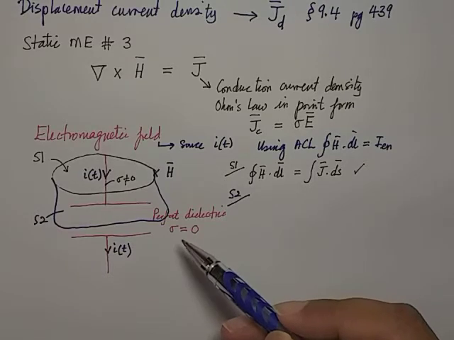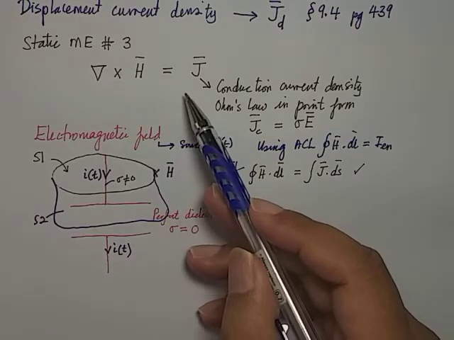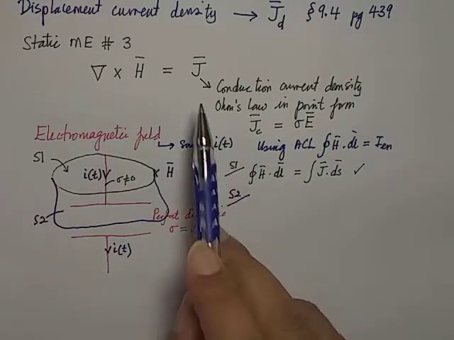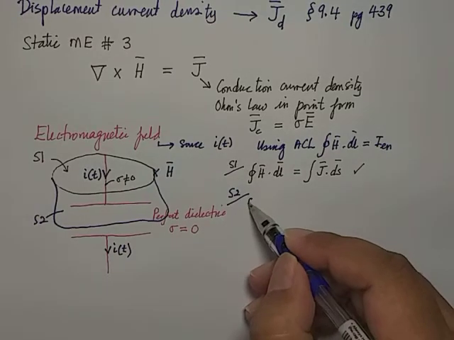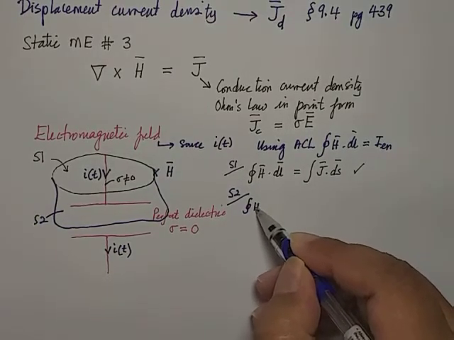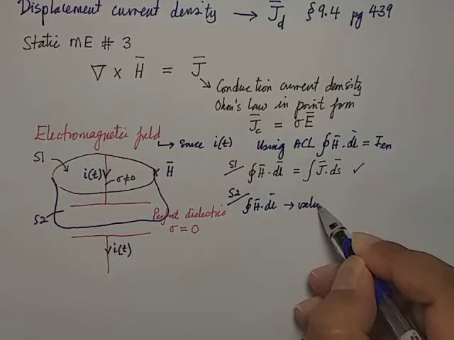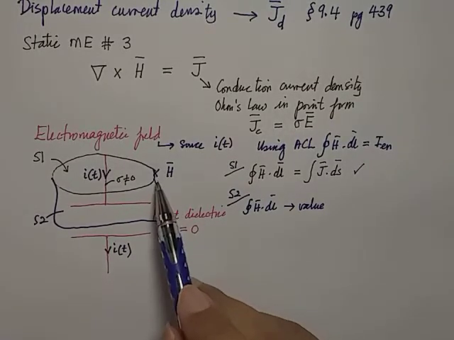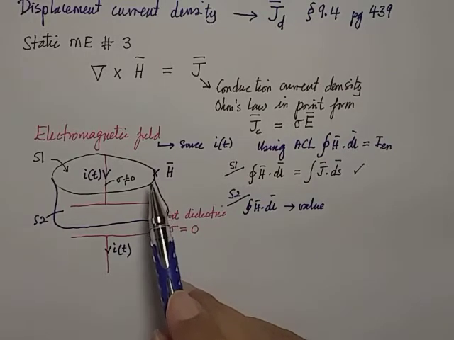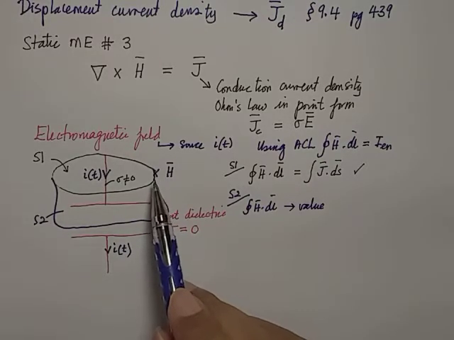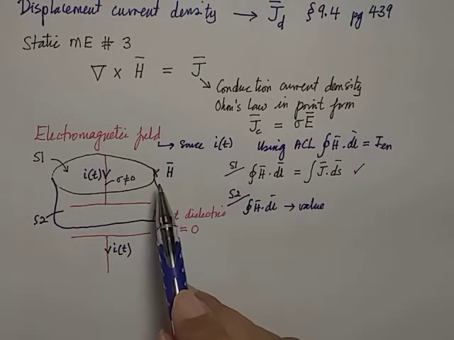So therefore, based on this equation, we can see clearly that the H dot dl is going to give you values. We agree? Because yes, the H still remains there. We're going to have field existing at this particular point, because the field is going to be generated.